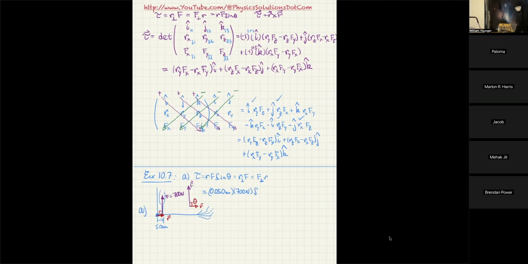So we write times the sine of 90 degrees, and of course the sine of 90 is just 1, so I get 0.05 times 700 times sine of 90 degrees. Oops, I see now that my calculator had some random button pushes on there. That was not helpful.